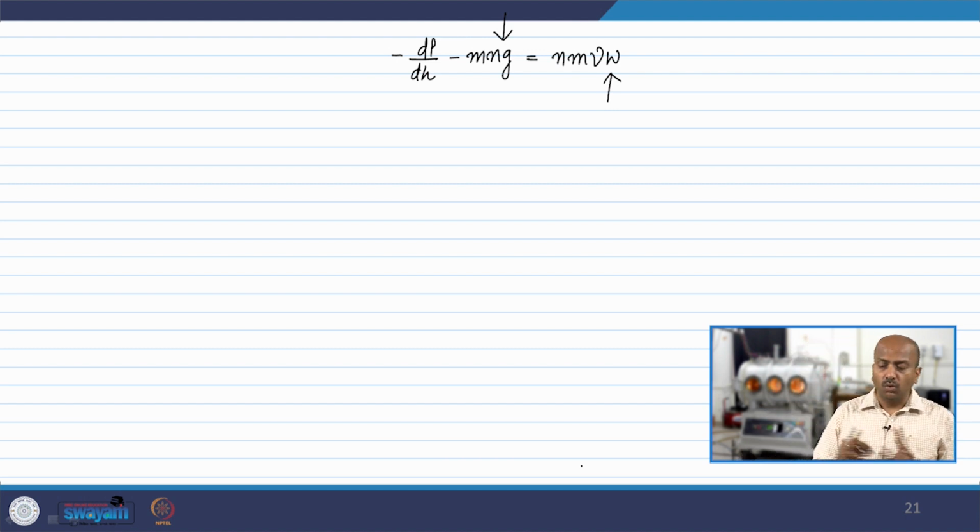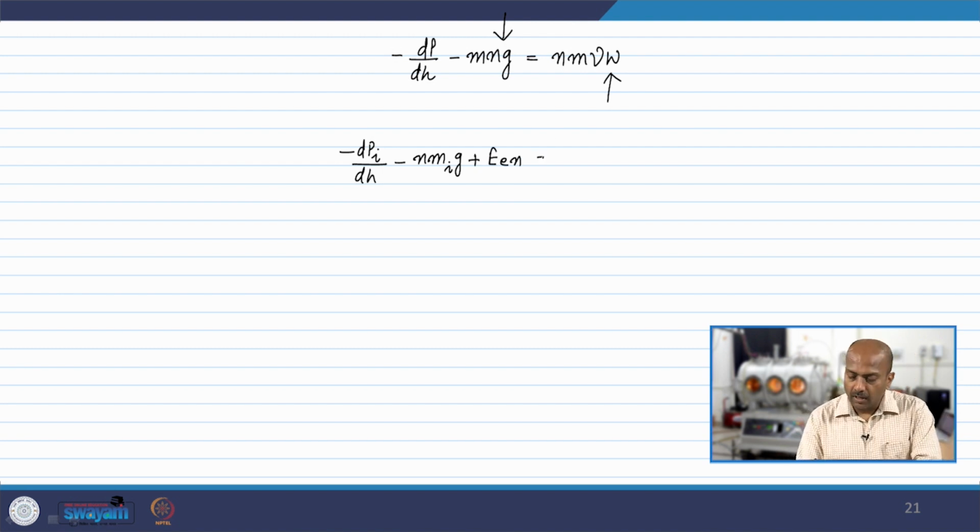So, we can write two equations now for electron and ion. I will write minus dp_i by dh minus n m_i g plus e E n is equal to n m_i ν_i w.